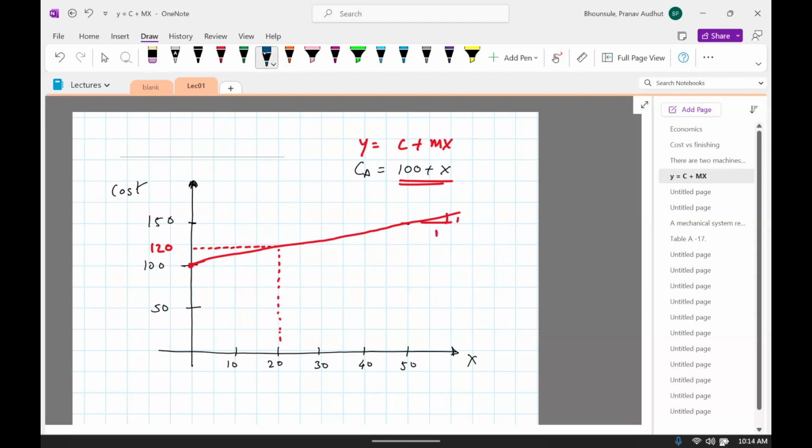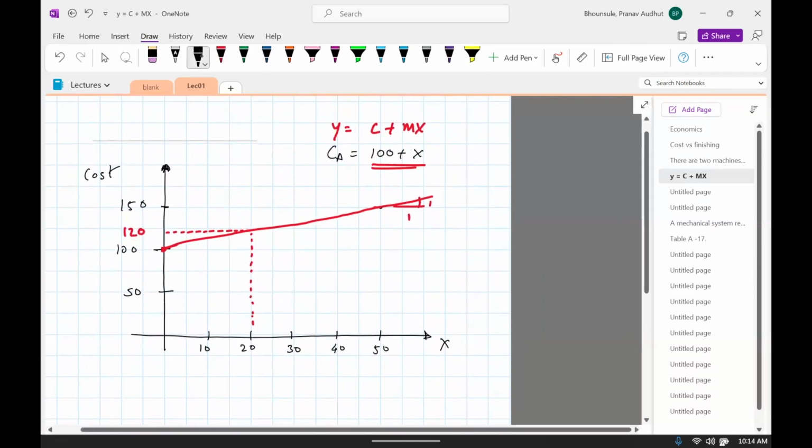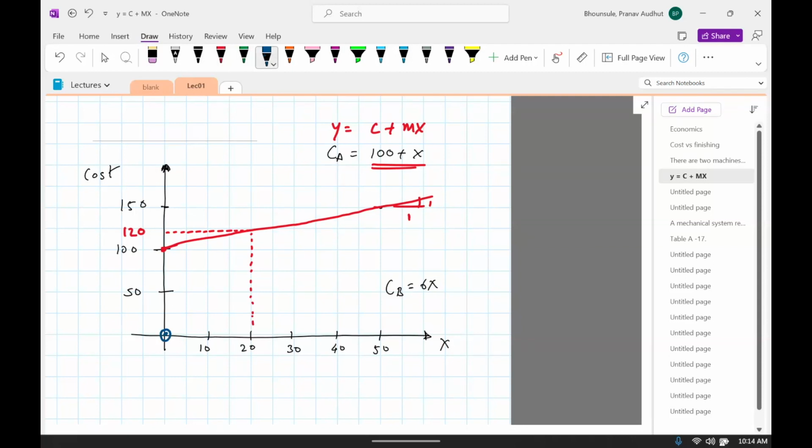And then let's do the other equation, which is CB is 6x. The good thing about this equation is it passes through 0, the origin. So it'll be here. And then we can take another point. Let's say x equals 30. So it'll be 180. That's beyond my compass. So to 10, 20, 30, let's just do 180.